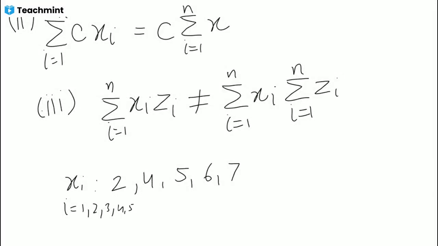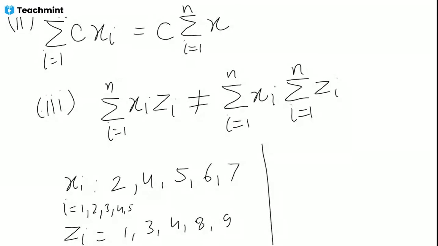Similarly, we are using zi is equal to 1, 3, 4, 8, 9. We have these values. So obviously we'll get xi into zi by just multiplying corresponding terms, so let us multiply the corresponding values.